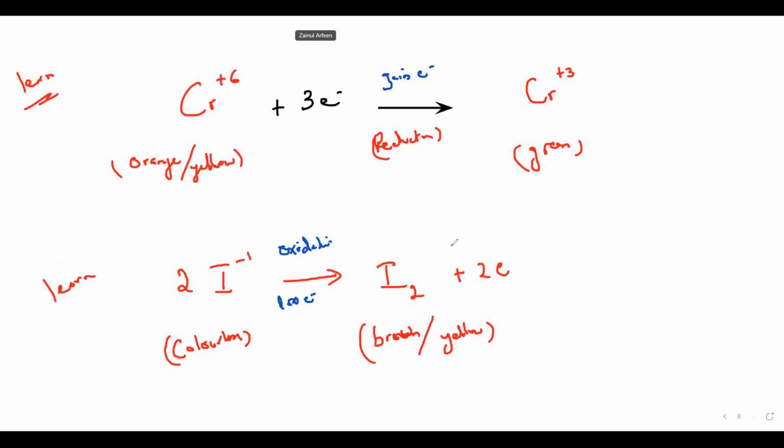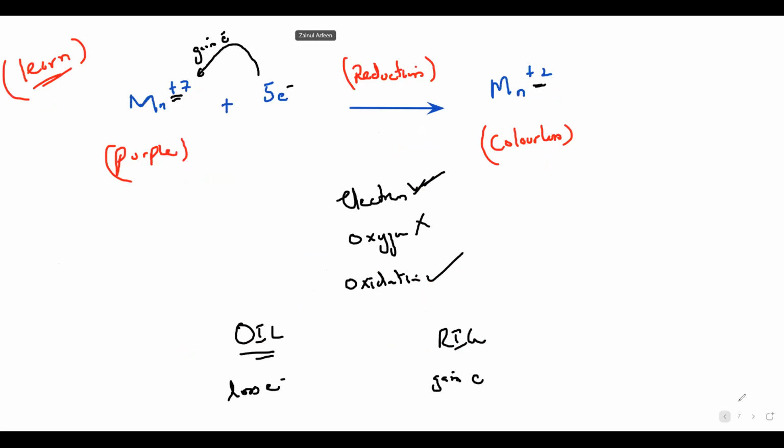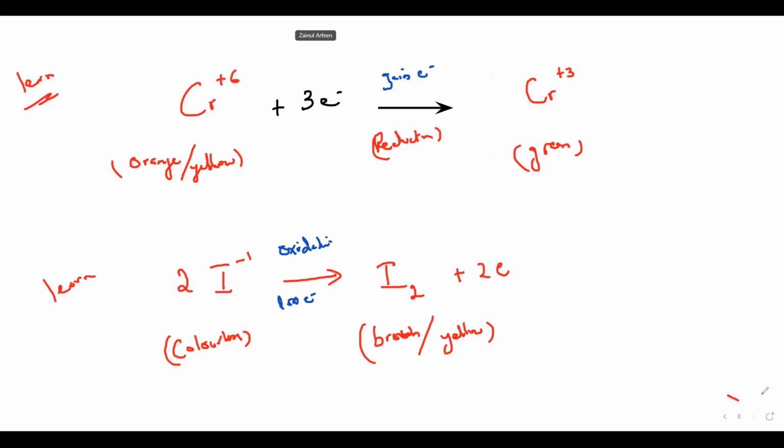One is manganese, which is purple and colorless. Another one is chromium, which is orange yellow to green. And the third one is iodide. When it changes the oxidation number, the color also changes. So it changes from colorless to brown or yellow. Brown if it's high concentration iodine, and yellow when it is low concentration iodine.